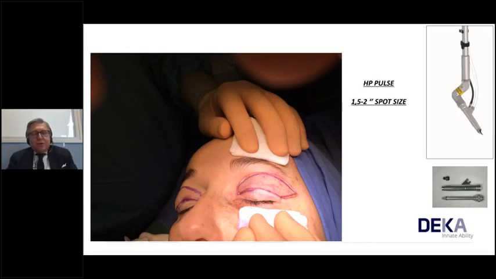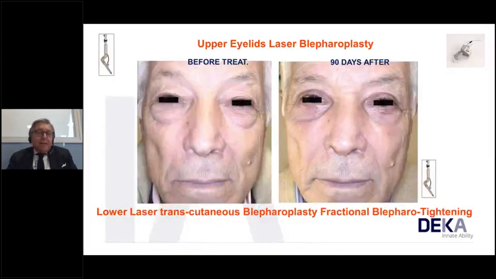This gives us the opportunity to operate in a clean field without bleeding or with minimal bleeding. This is another case where we combine different handpieces. This is the advantage of the platform.